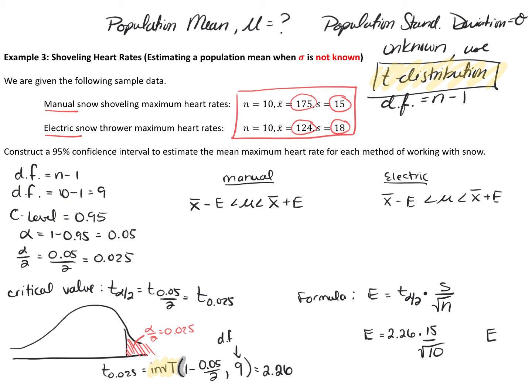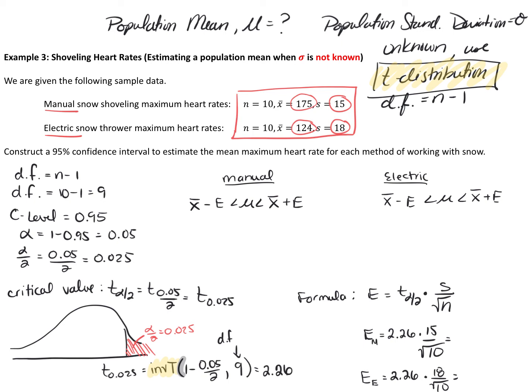Let me just write down here, this is E sub m, the error for the manual method, and then E sub e, which is the electric method, because I'm running out of space here. So that's going to be 2.26 times the sample standard deviation for the electric method, 18, divided by the square root of 10.